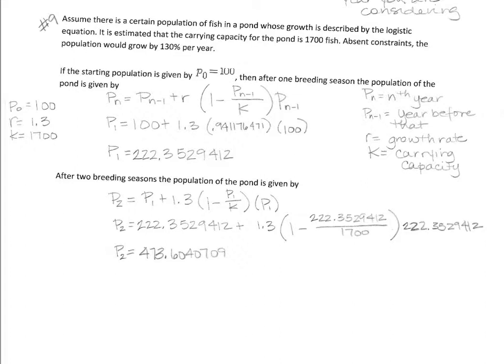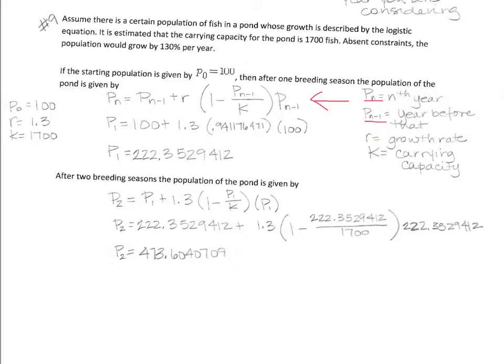So the general equation, the general logistic equation is this. Let's break that down. P sub n is the nth year. So if we're looking for the first year, after one breeding season, we're looking at P sub 1. If we wanted after 5 seasons, it would be P sub 5. P sub n minus 1 is the year before that.